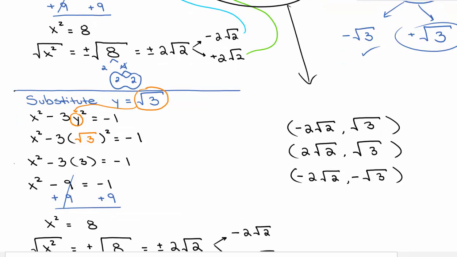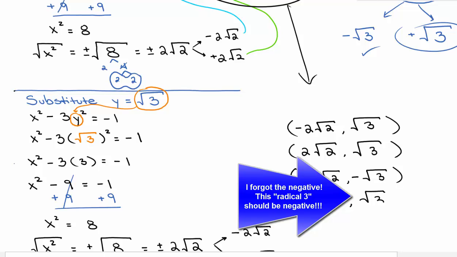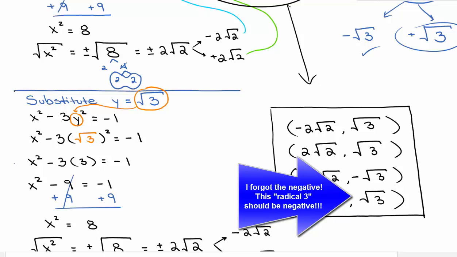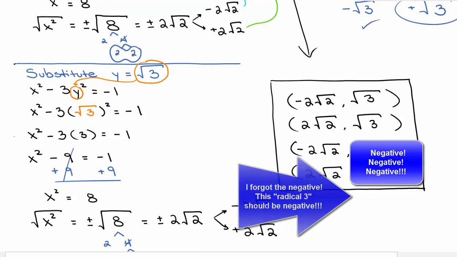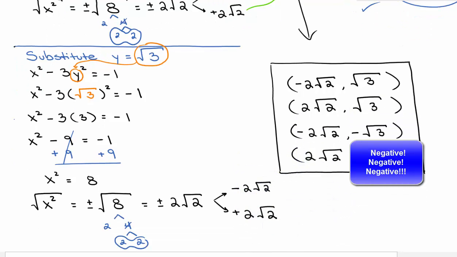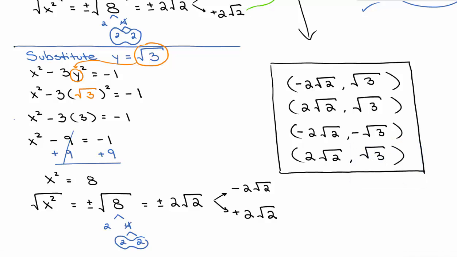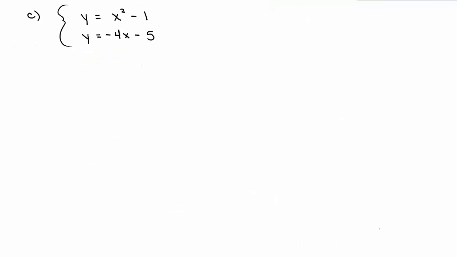And we also had positive 2 square root of 2, comma, negative square root of 3. And it looks like I forgot the negative right there. So if you could please write in the negative, that would be great. I forgot the negative on the square root of 3 on that last ordered pair. Just forgot it. Write it in.